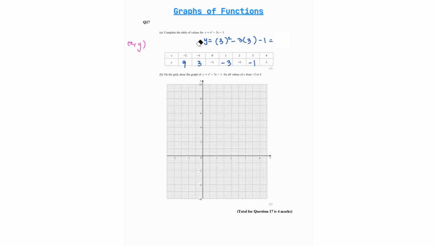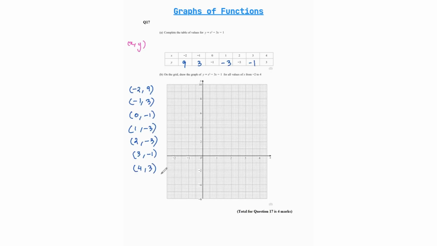So once you have your values of y, you start plotting the coordinates on the grid. So I'm going to write the coordinates for you in case you're someone who's still confused about what comes first. First set of coordinates is going to be -2, 9, -1, 3, 0, -1, 1, -3, 2, -3, 3, -1, and 4, 3.